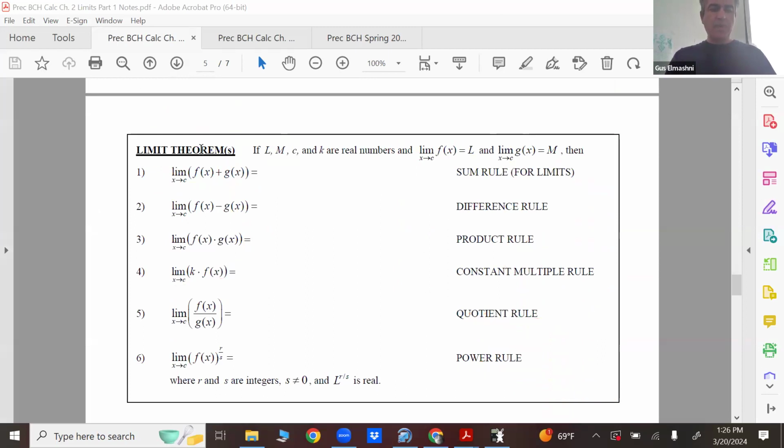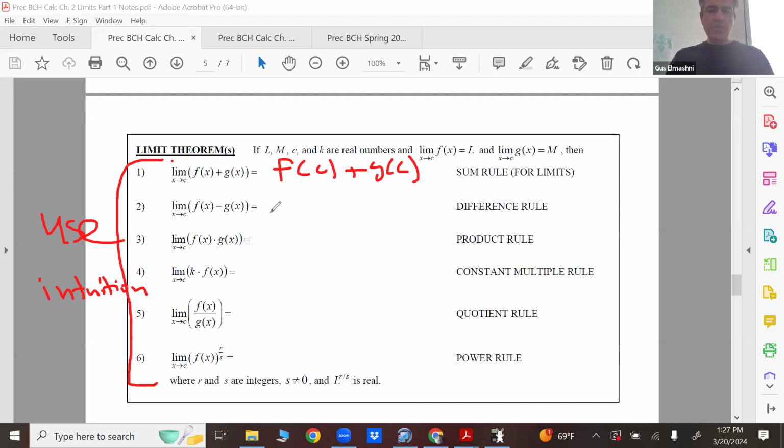These are all intuitive, hopefully. Use intuition. So, like, this case would be f of c plus g of c. Or actually, let me take it back. You're told what the limit is for f and g.